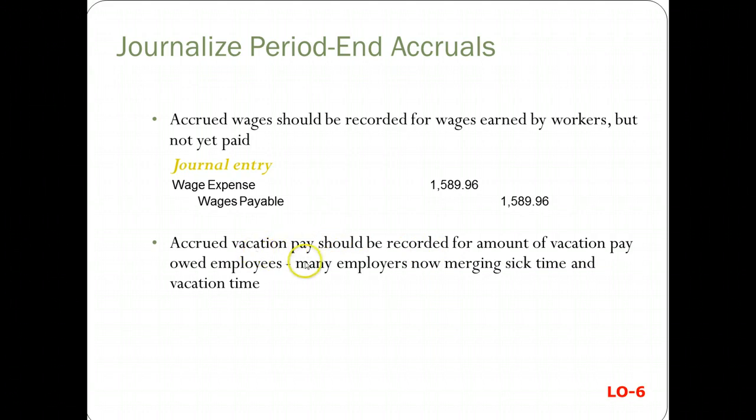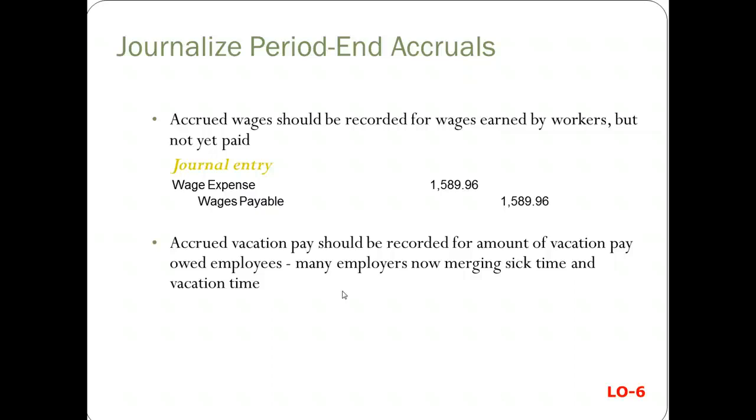And any accrued vacation pay should also be recorded. And a lot of employers are now merging sick time and vacation time. And I think this is probably because a lot of employees might want vacation time, and they're very healthy, so they're going to basically call in sick when really it's for vacation.